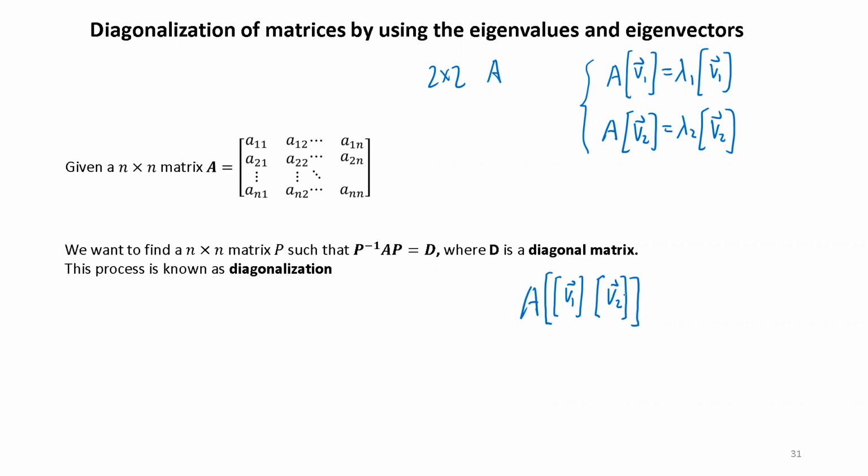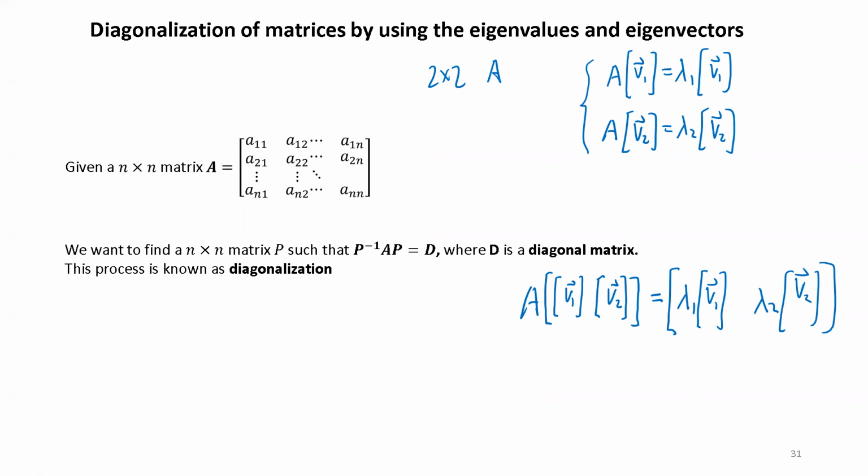Then the right-hand side will be lambda 1 times V1 as the first column of the matrix on the right-hand side, and lambda 2 V2 as the second column. Just make sure that you understand how this one gets to this one. I'm just combining the two formulas together and putting it in this matrix form.